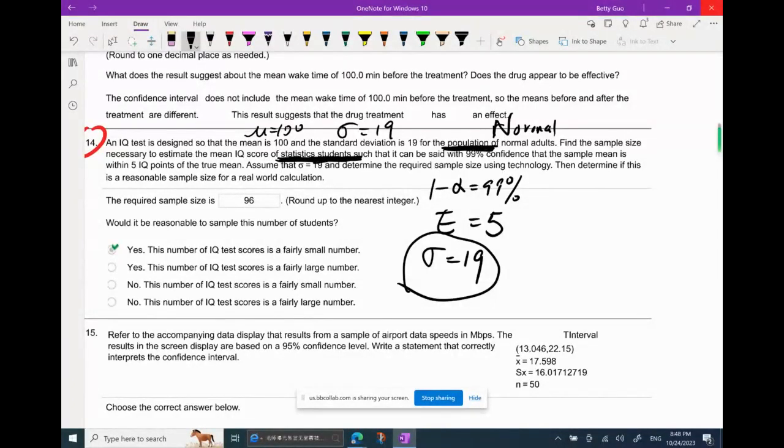But this sigma is from the whole population, all the people, not just the statistics class students, maybe English students, business students, and so on, right? But this is a suggested, recommended sigma value, and we determine the required sample size using technology. Then determine if it is a reasonable sample size for a real world calculation.